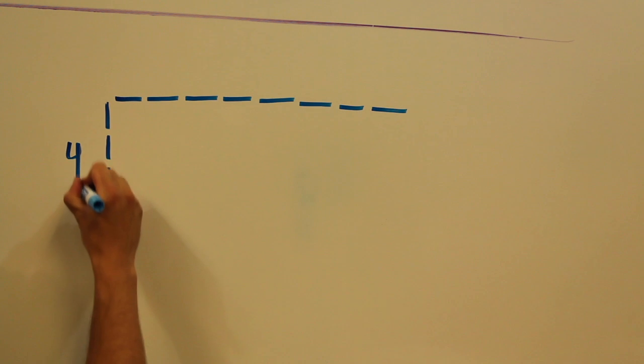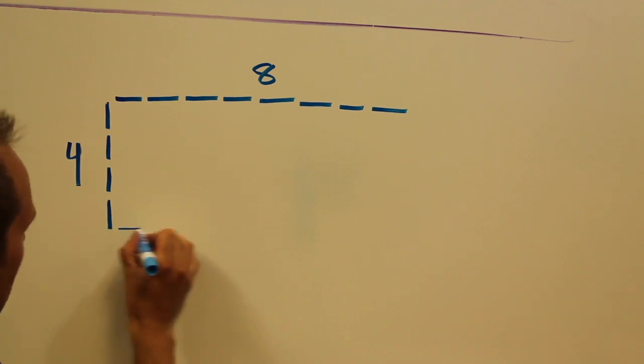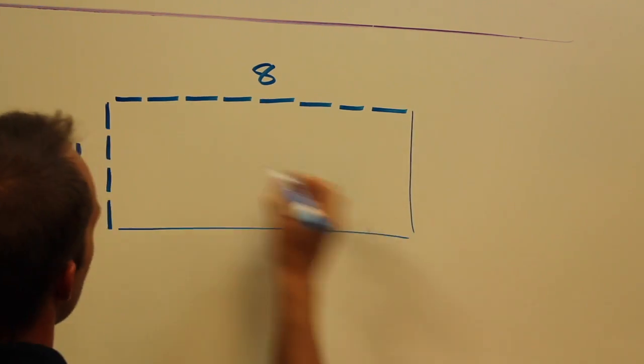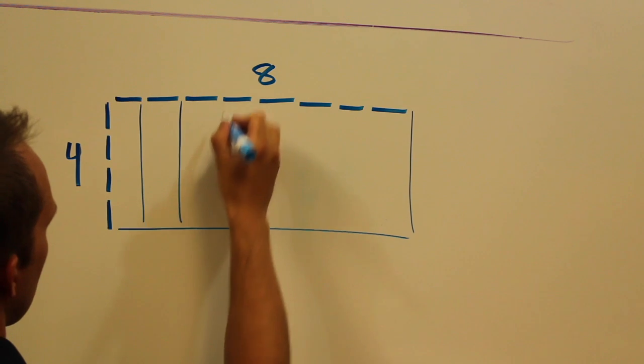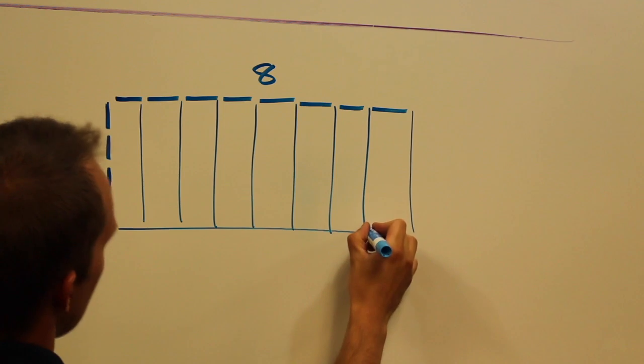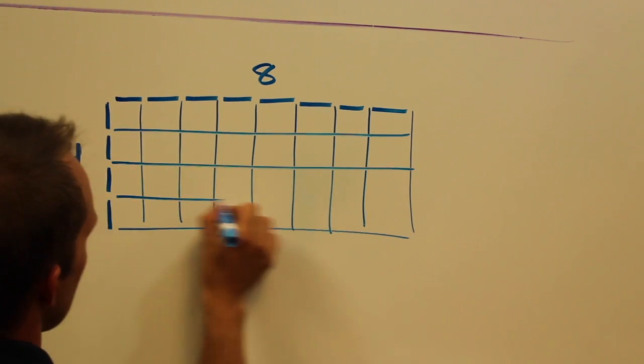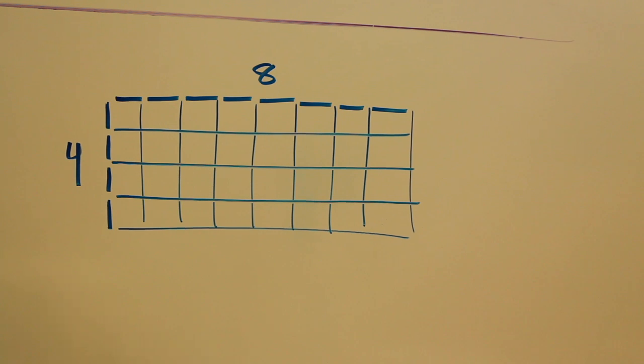So 4 rows and then 8 in each row. And then once we have that, finish drawing this. And then we can just count them up.